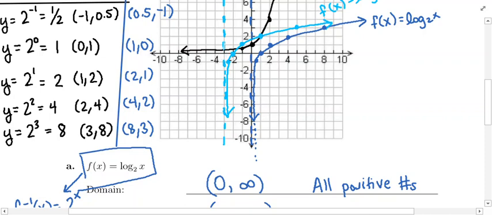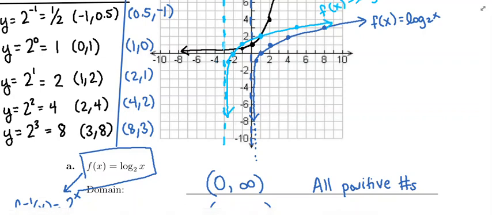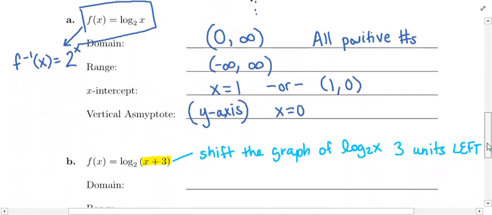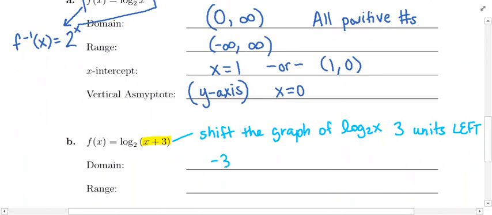We don't cross or touch that vertical asymptote. The graph starts just on the other side of x equals negative 3. So essentially your graph does start at x equals negative 3, the leftmost x value, but we're not going to include it because we do not cross or touch that asymptote.